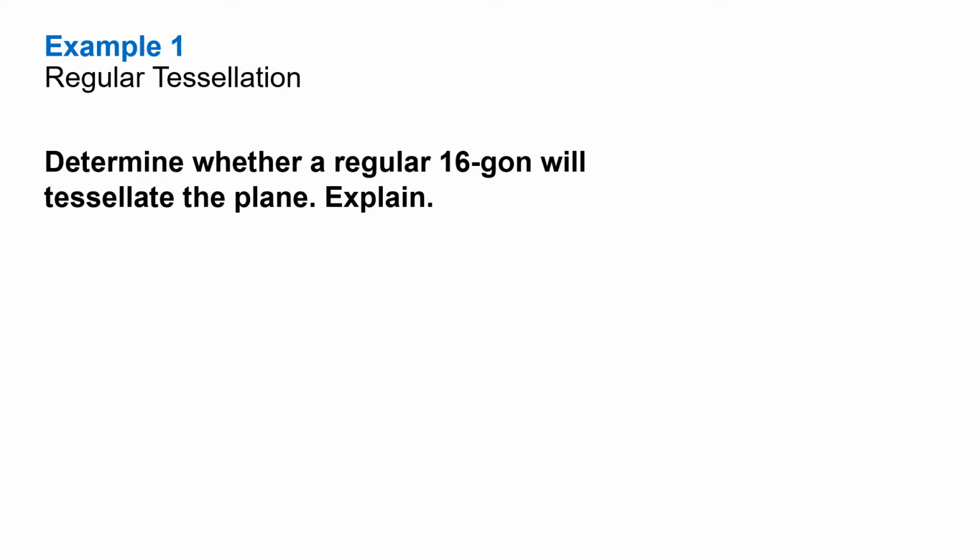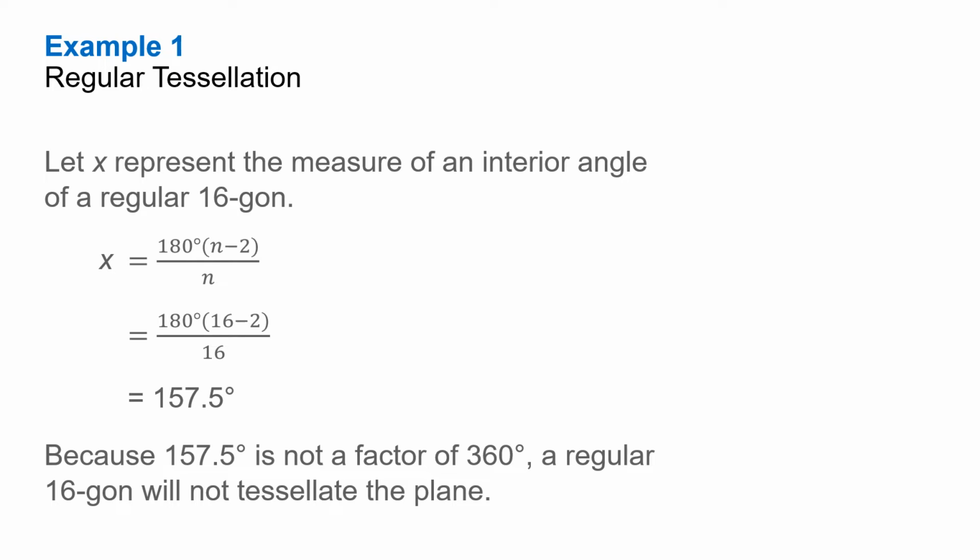Determine whether a regular 16-gon will tessellate the plane. Explain. So in order to figure this out, we have to figure out if the interior angle of this regular 16-gon will in fact be a factor of 360. So we're going to apply this rule, 180 times the quantity n minus 2 divided by n.